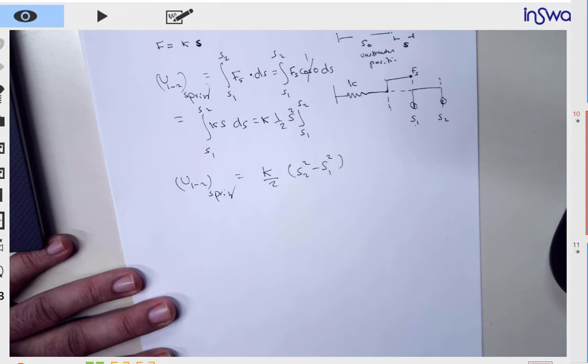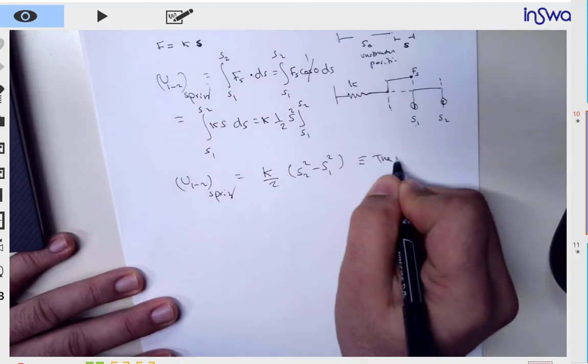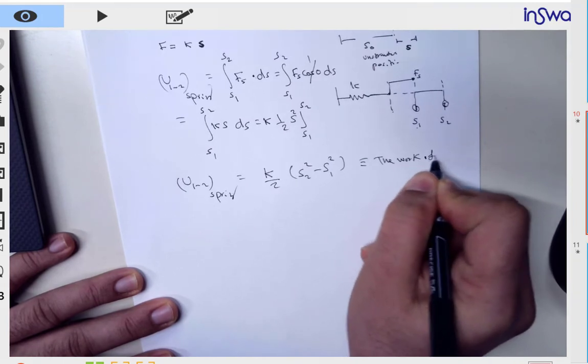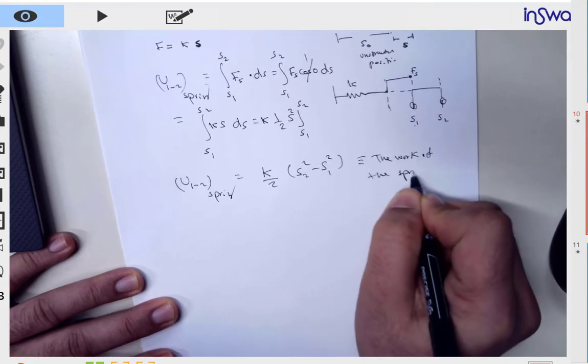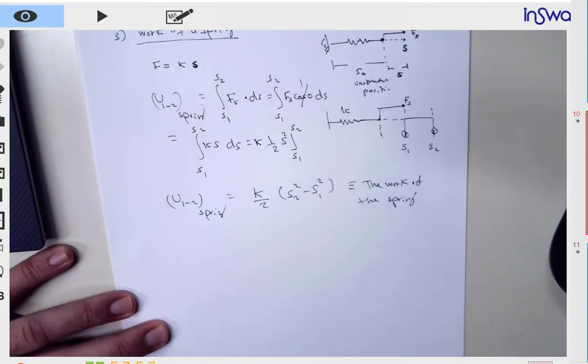So when a spring is stretched by a force Fs, this is called the work of the spring. This is very important. It's not the work of any particle. We're not talking about any particle attached to it.